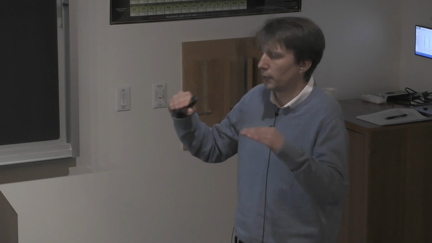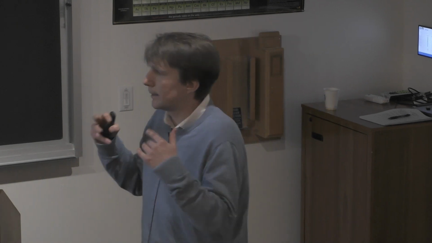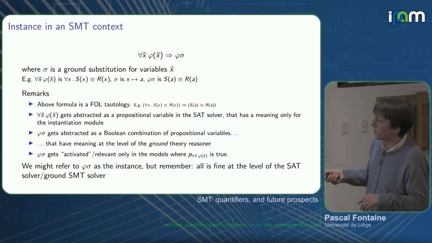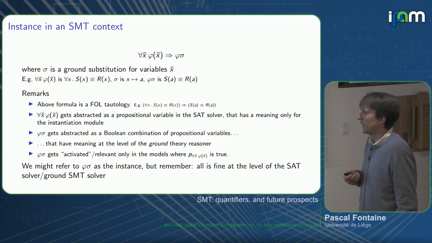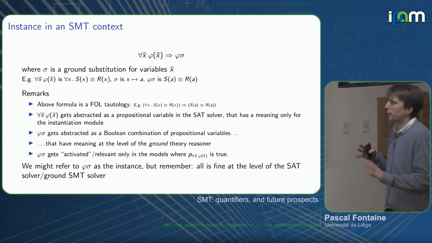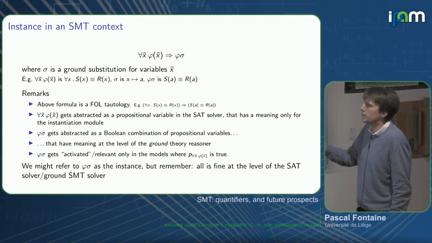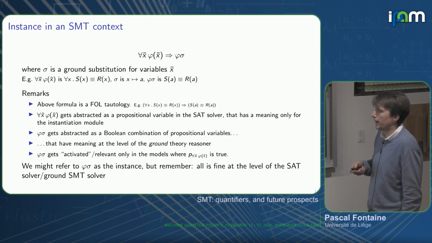But these propositional variables do have a meaning at the level of the ground theory reasoner, and they get activated whenever the model is such that for all x, phi of x is assumed to be true. So in the future, I will forget a bit about the quantified formula in the instance, but what I add is basically tautologies, and what I want to find are those, what I will call later instances.